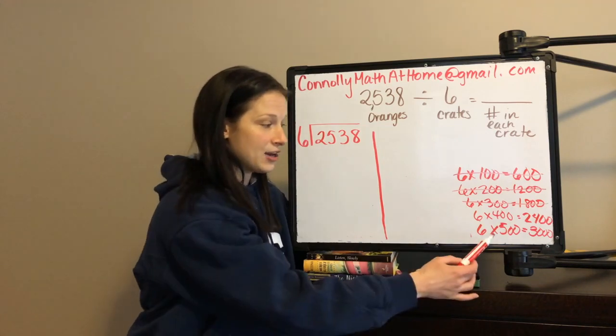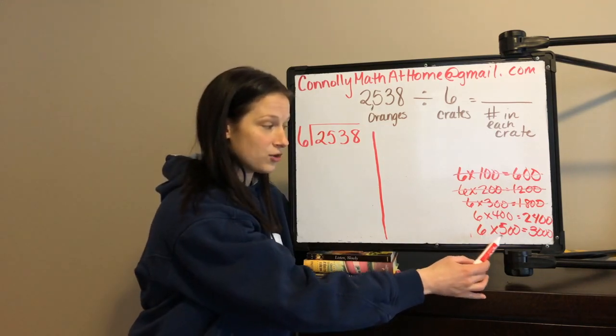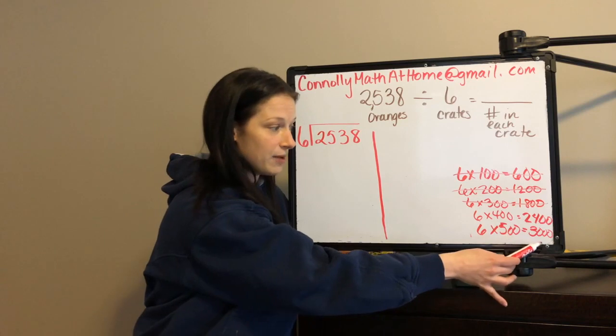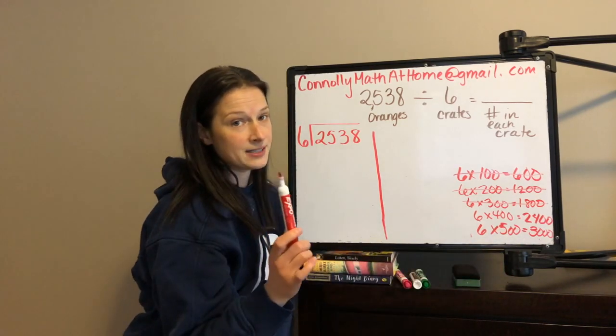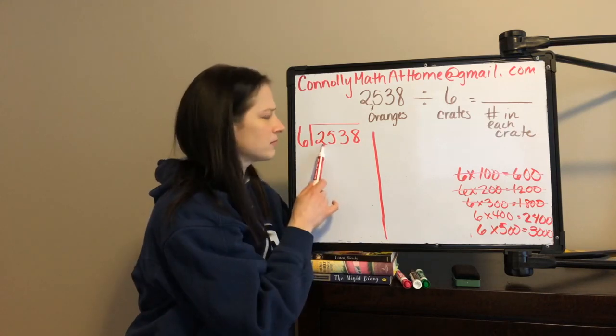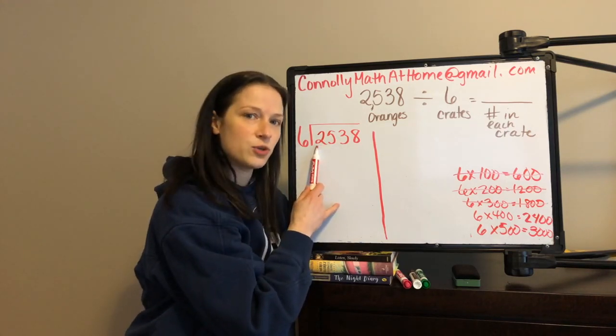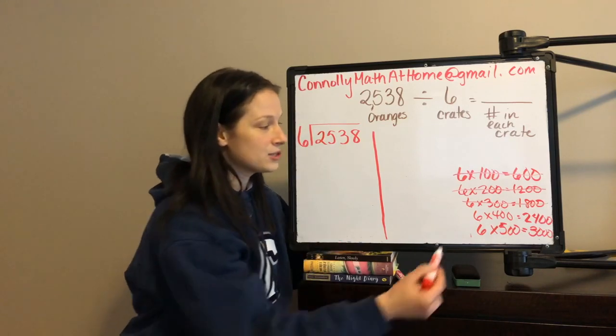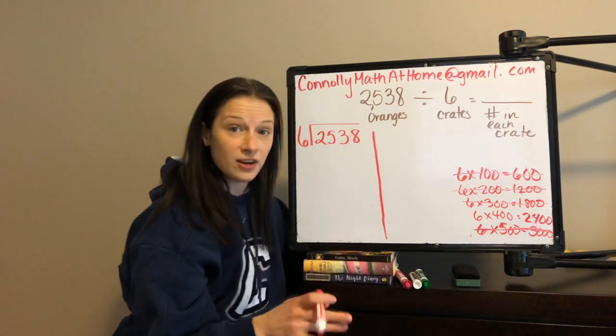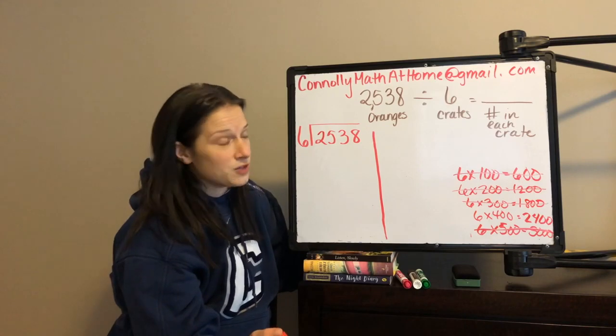And I know that if I have 6 crates and I put 500 in each, I'm using 3,000 oranges. Something in my brain is saying, wait a minute, we don't have 3,000 oranges. So could we start there? No. So this is how I'm choosing where to start. That's how you should be choosing where to start.